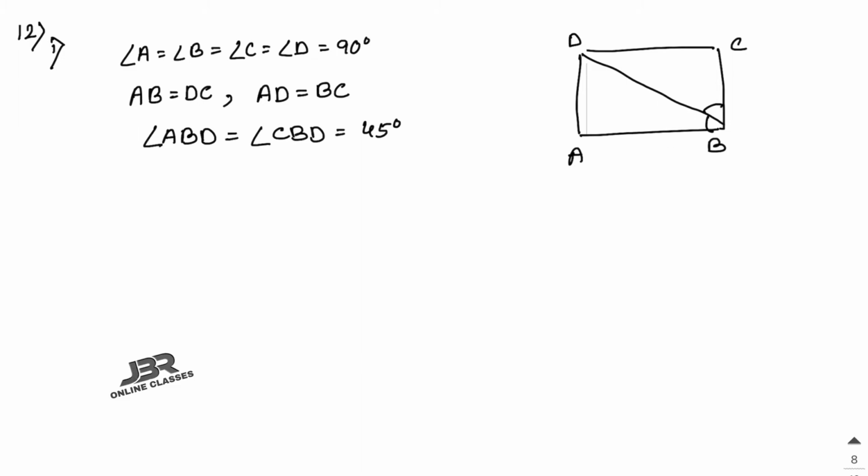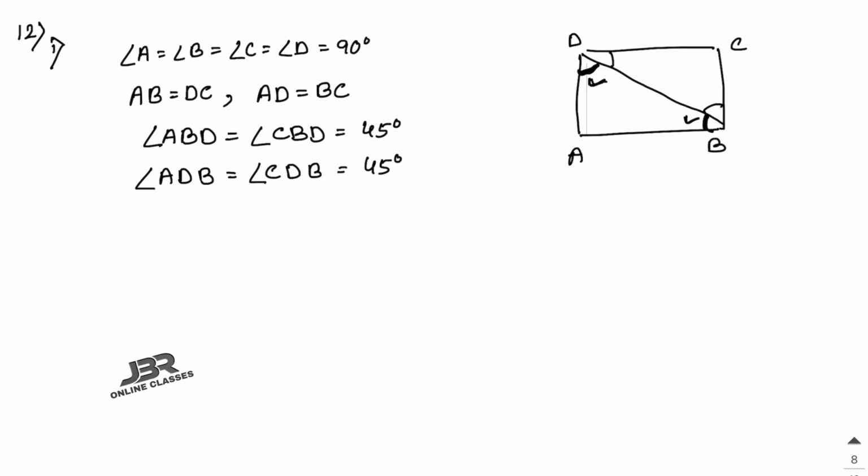So as BD bisects angle B, that means BD also bisects angle D. So angle ADB is equal to angle CDB, that is also 45 degrees. As both angles are equal to 45, these two angles are equal.